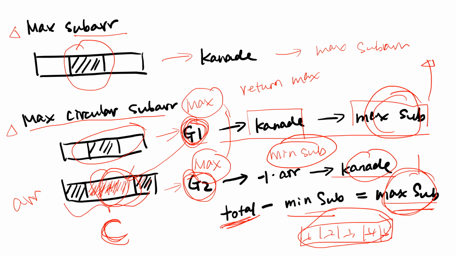The maximum with the minus sign is the minimum without the minus sign, right? This is the trick we use here. With that, we get the minimum subarray, and we subtract it from the total in order to get the value we want. So this is the core idea.